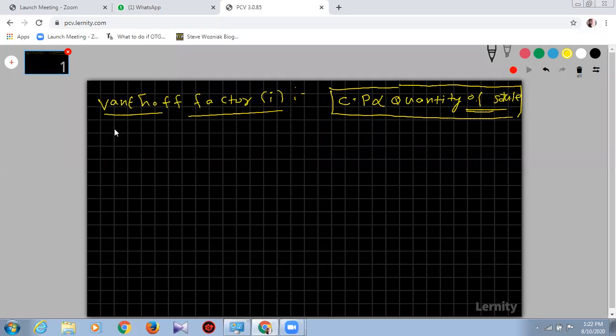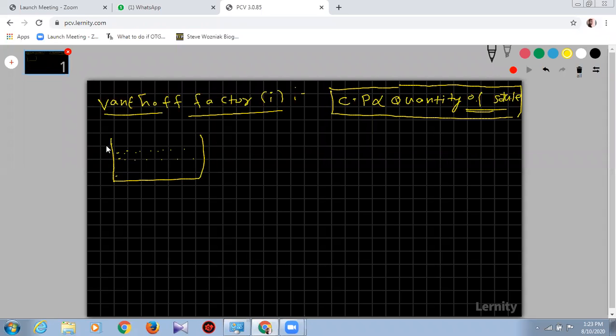Whatever amount of solute you take, the colligative property depends on it. But it won't apply for electrolytes, and I will tell you why. Here I will take water as the solvent.